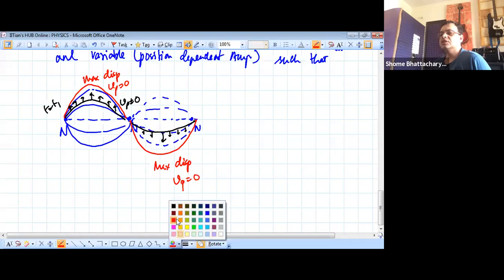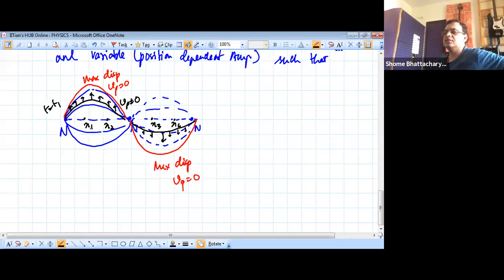For example, if I consider two particles here, x1, x2, and two particles here, x3, x4, you can see the pair x1 and x2, regardless of what exactly their amplitude is and where exactly their position is, are just two points between the same consecutive two nodes, so they will oscillate in phase.